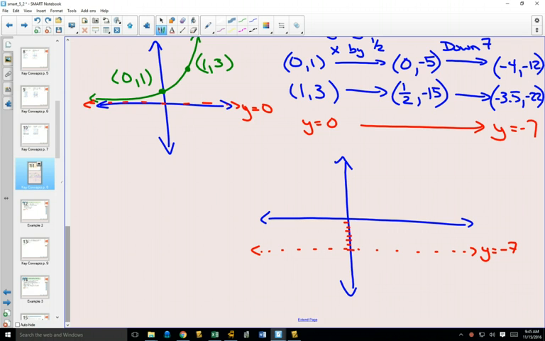So we've got -4, -12, and we've got -3.5, -22. I'll estimate that that's down there. If I'm going to go through those 2 points and still approach my asymptote, it has to look this way.